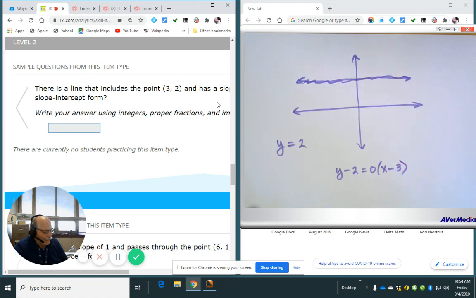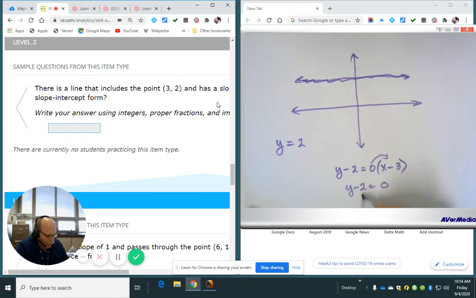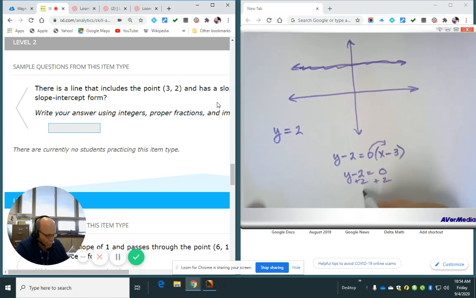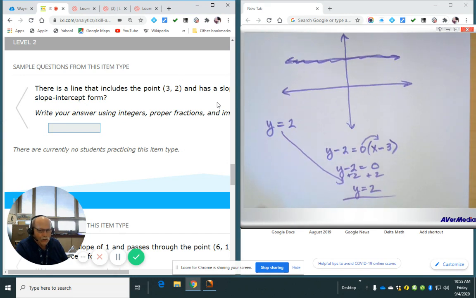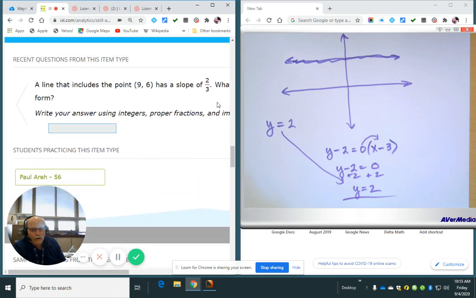Remember, anything multiplied by 0 is 0, so this whole side is 0. y minus 2 equals 0, and then add 2 to both sides. So y equals 2, which is what I had right there. So this is the correct equation that you would put into that answer.